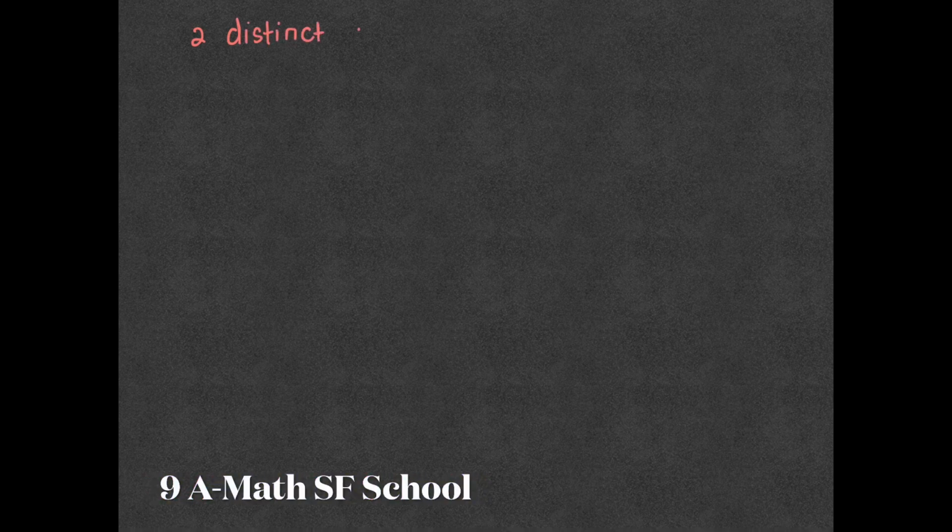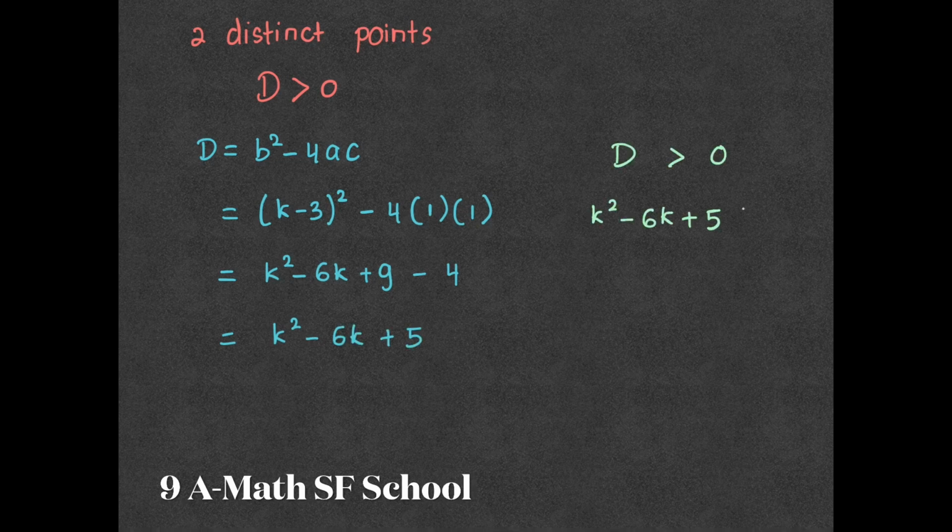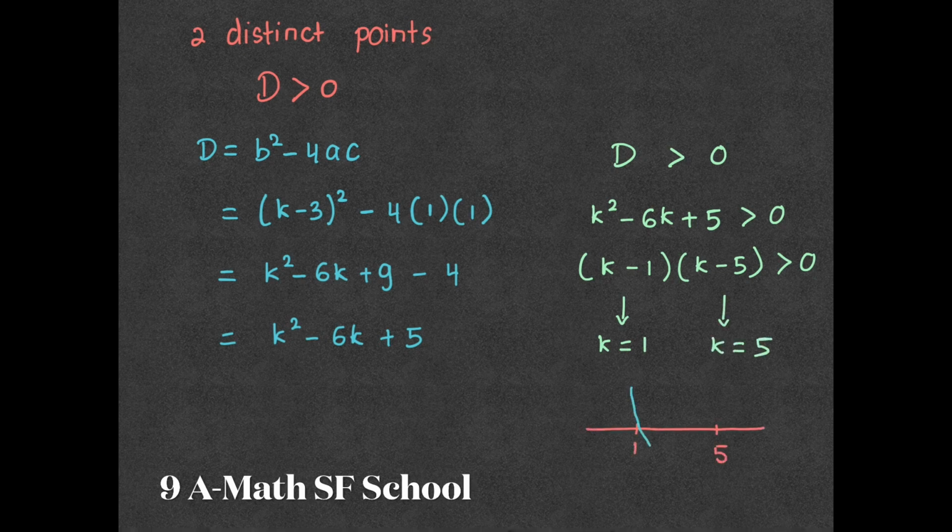Because of the two distinct points, the characteristic of the discriminant is greater than 0, isn't it? Find the D. And then D is greater than 0. You will see a quadratic inequality. Do you remember how to solve it? Assume this is linear, find the two k's, and then sketch the graph, and then find the region greater than 0. That's the answer. Do you understand now?